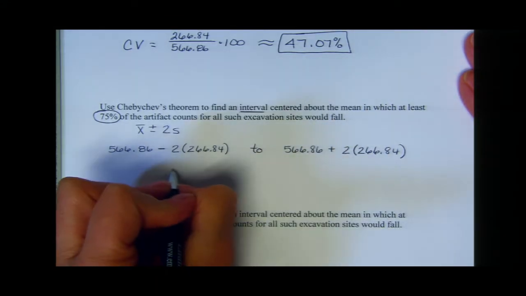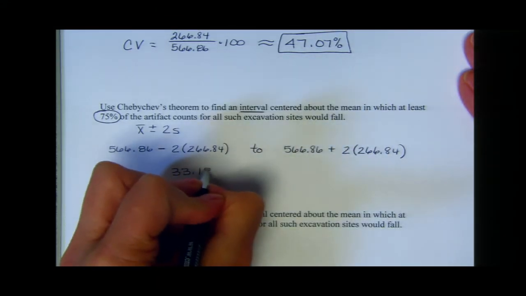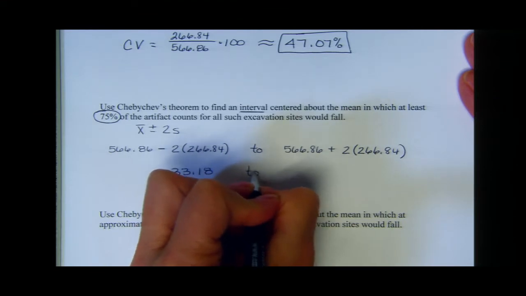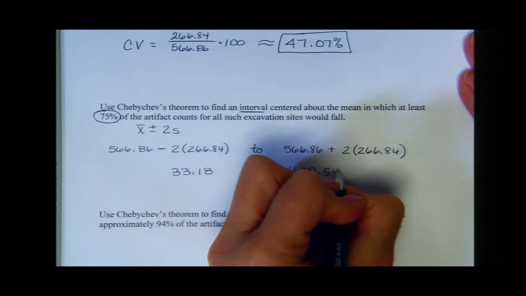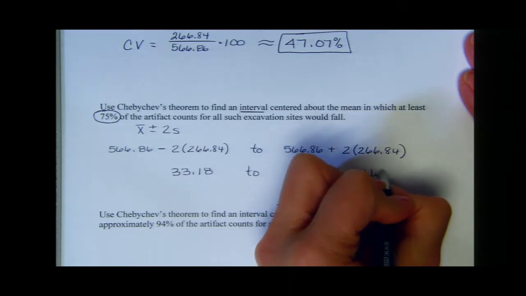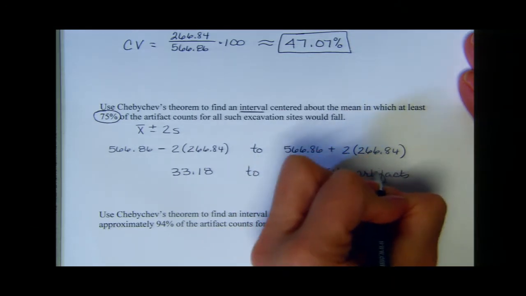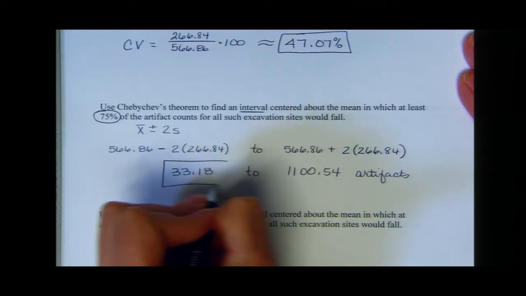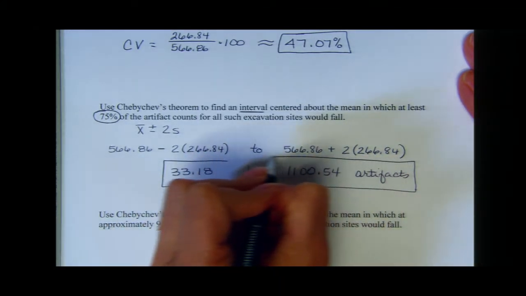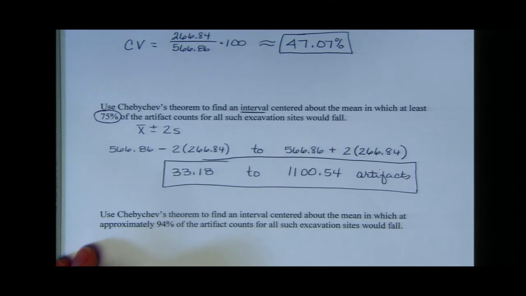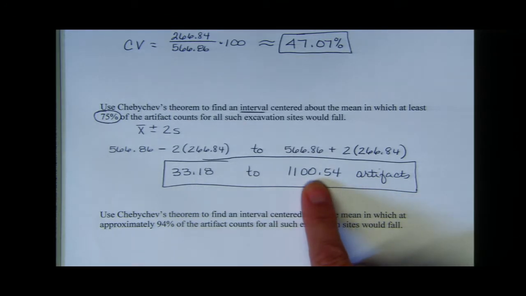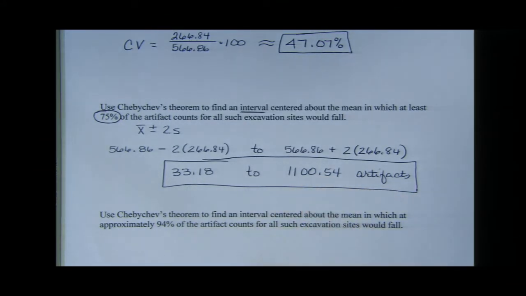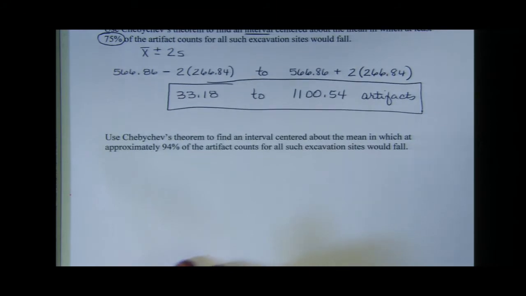And that calculates to 33.18 artifacts to 1100.54 artifacts. So this is the interval that falls within 2 standard deviations. This is called the lower or smaller interval value. This is the larger or the upper interval value. All right, next part to this.